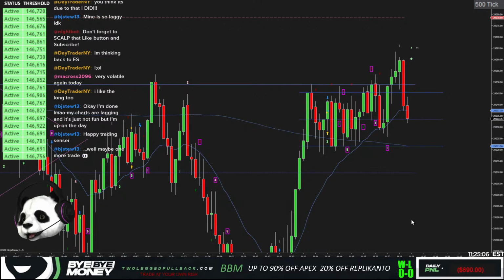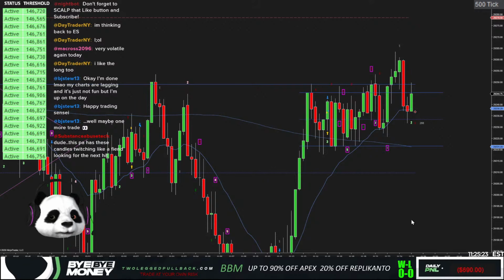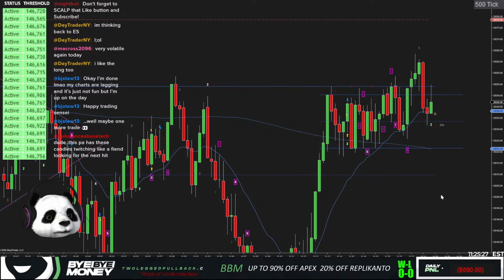That's a failed breakout. That's a failed attempt to push up, in my opinion. Oh, might as well go short. I think I'm looking for a short trade. I think I'm looking for a short trade now. Fail second entry long would be my only setup.